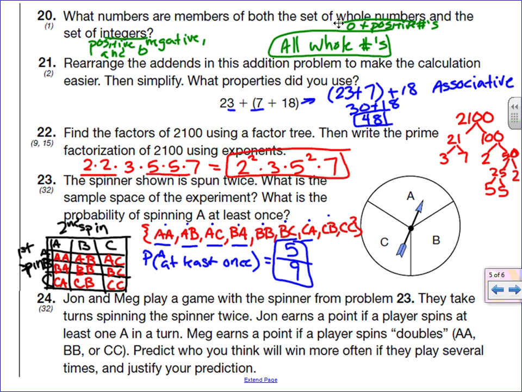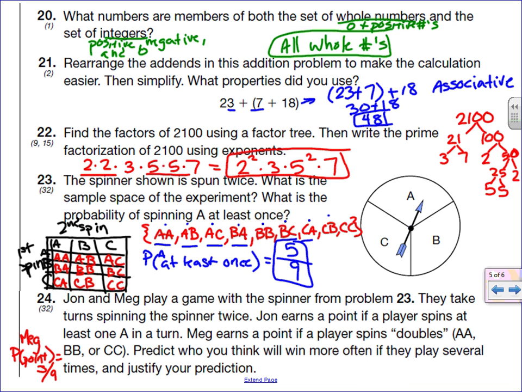Well, if we look at Meg's probability of winning, she has a probability of earning a point of 3 out of the 9 total, because there are 3 doubles and there are 9 total ways to spin the spinner. So Meg's probability of a point is 3/9. But we already calculated John's probability of a point was 5/9.